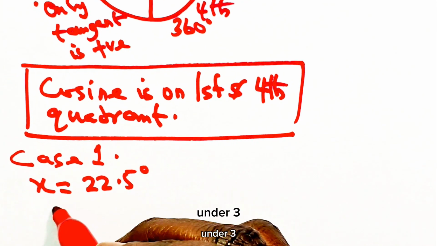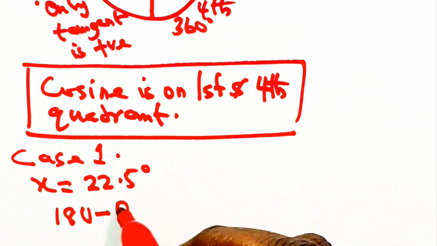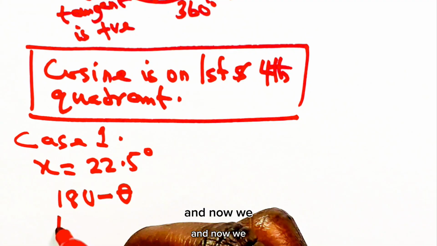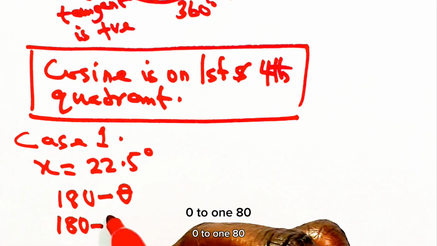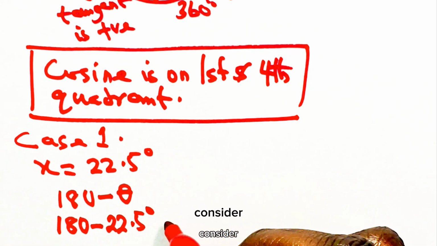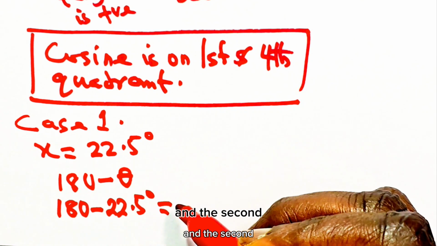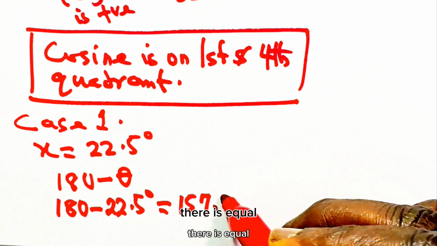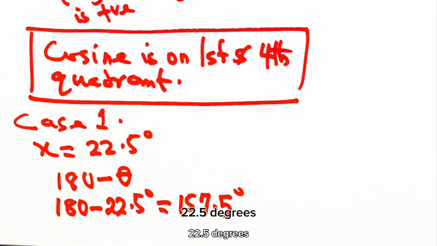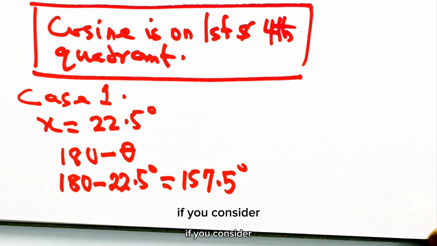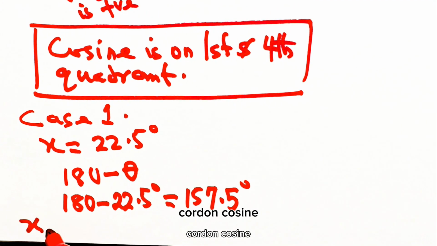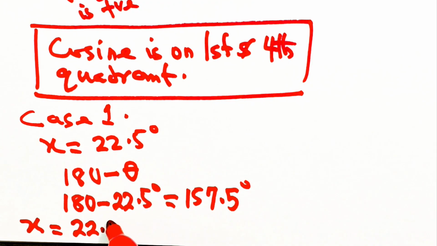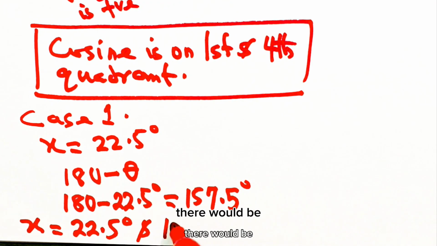If we have 180 degrees minus theta, that means we're going to have 180 minus 22.5 degrees, and that is going to give us 157.5 degrees. That means that on case 1, x is going to be 22.5 degrees and 157.5 degrees.